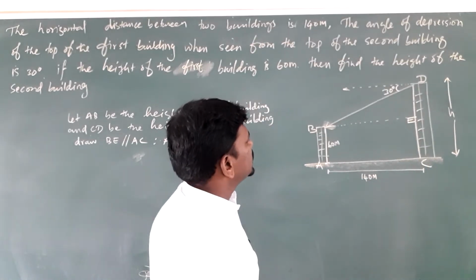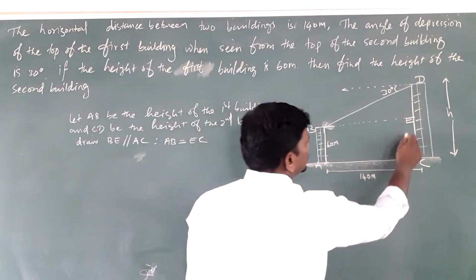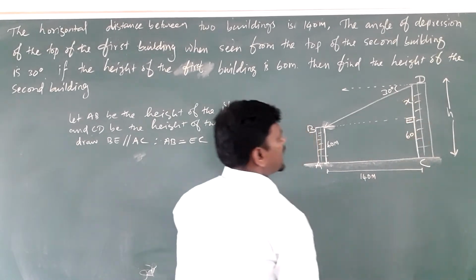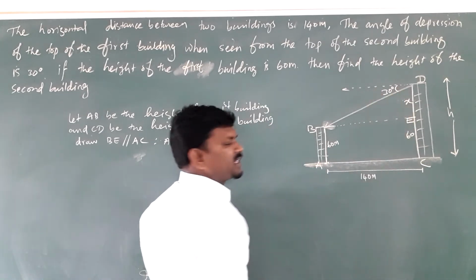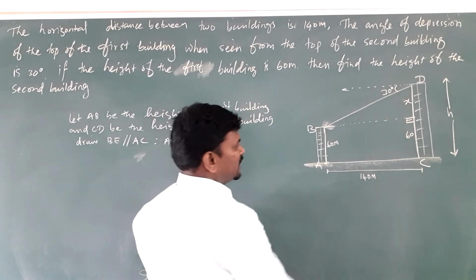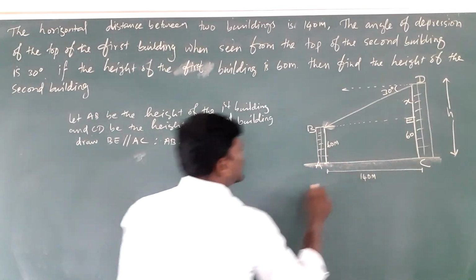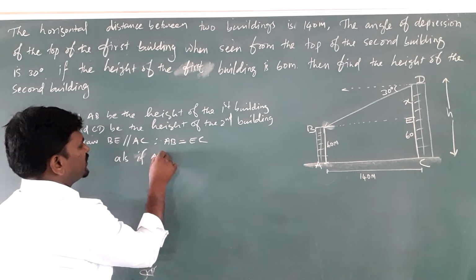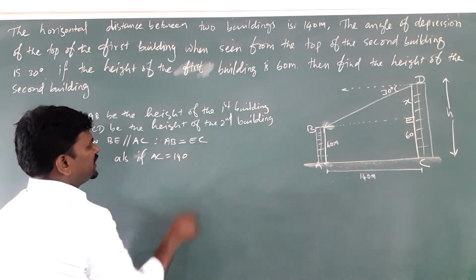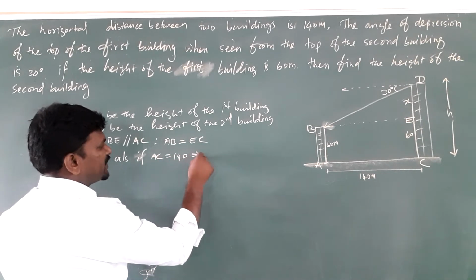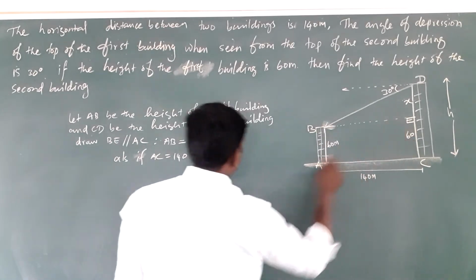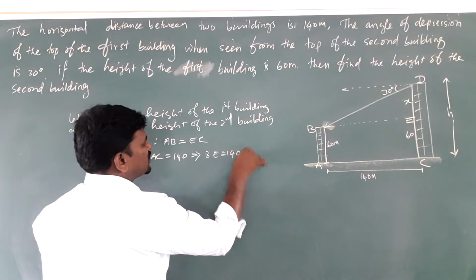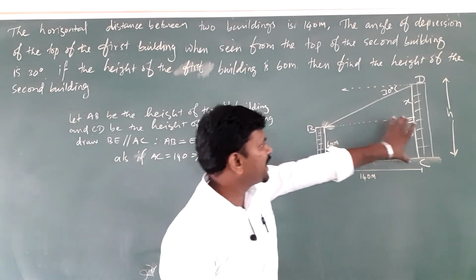Okay. Now, if AB is 60, then EC is 60, and this must be x, the unknown value. If AC is equal to 140, which implies what will be the length of BE? BE is also 140 because these are parallel.